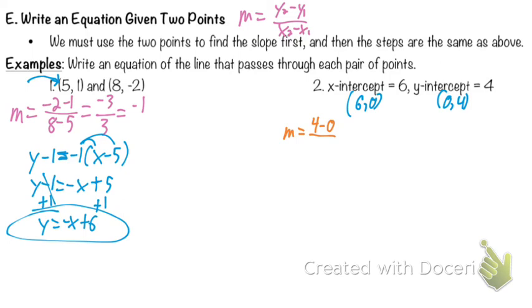And then it'd be 0 minus 6. Very good. 4 minus 0 over 0 minus 6. If you put the 4 first on top, 0 has to come first on the bottom, or vice versa. So it'd be 4 over negative 6. And does that reduce? Yeah, negative 2 over 3. Does it matter where we have the negative? No? Cool. I'll put it on the top.